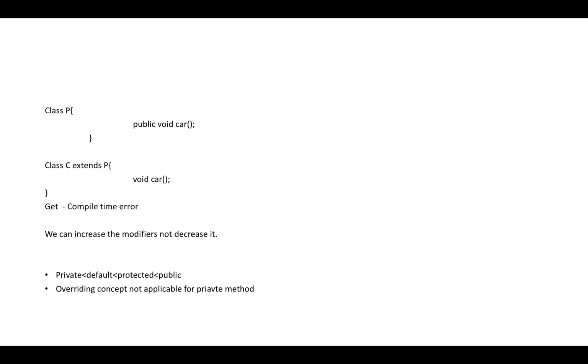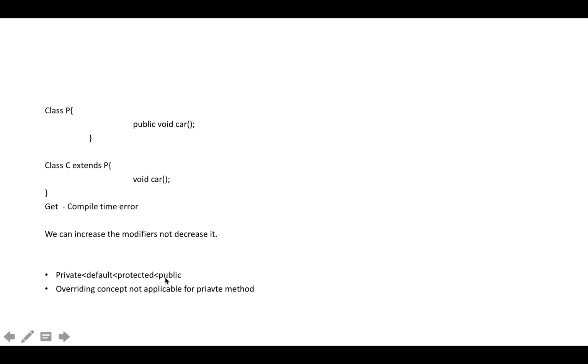For public, protected, default, and private: if we define the public method in a parent class and the default in a child class, then we get a compile-time error, because we can increase the modifier but not decrease it. So the order is public, protected, default, and private.